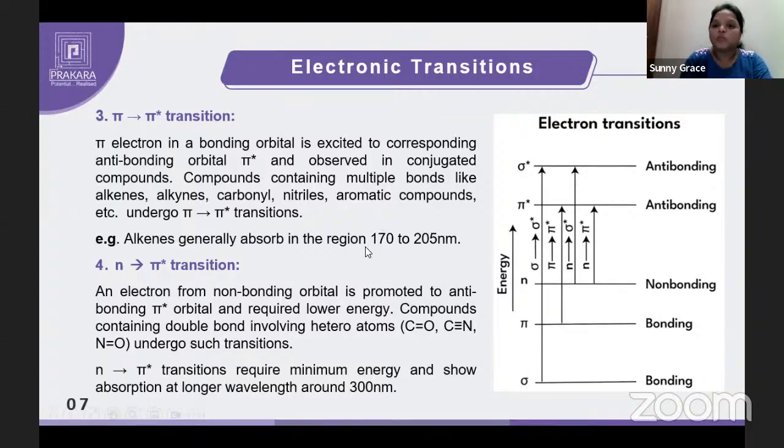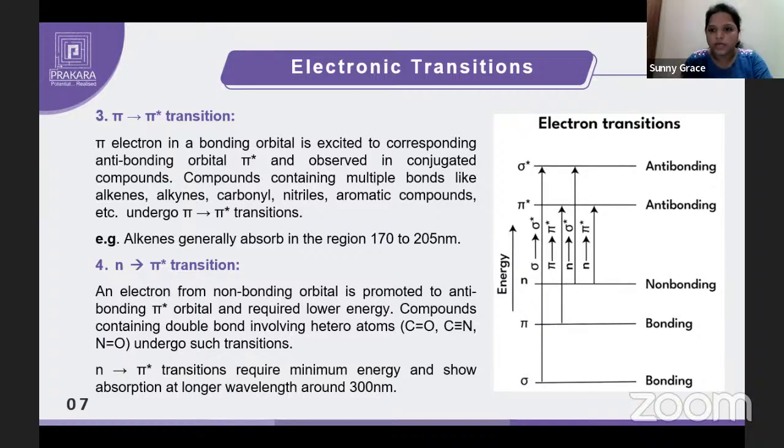And the most widely seen transition is the n to pi star transition, which goes from a non-bonding to an anti-bonding orbital. Here you will see double and triple bonds as well as heteroatoms with lone pairs of electrons. This generally happens at a longer wavelength, around 300 nanometers, which falls under the UV region only.